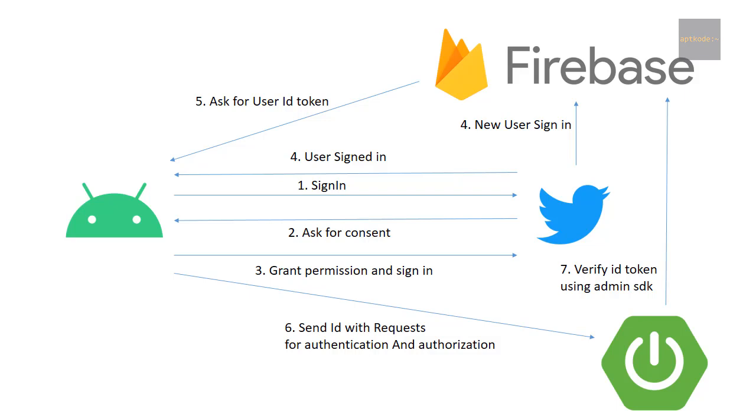So that's the whole picture of this authentication solution. In this part, I'm going to focus on Android, Twitter, and Firebase, which is the client-side authentication part. In the next part, we'll talk about how to do the request and how to verify the user in the backend. So let's start.